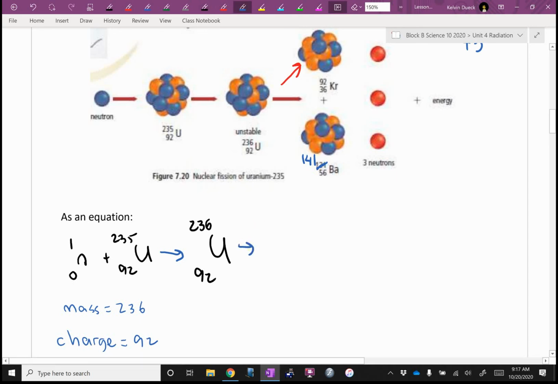Now the atom splits up. It's going to split up into krypton. And the krypton is going to have a mass of 92. And the krypton is going to have a charge of 36. The 36 I got from the periodic table. Krypton is element number 36.